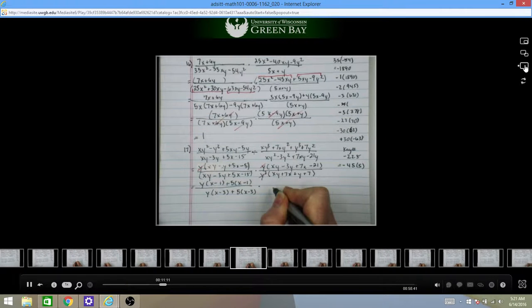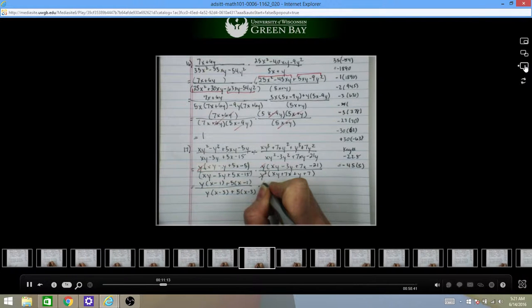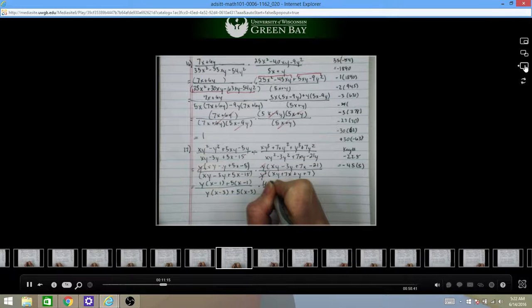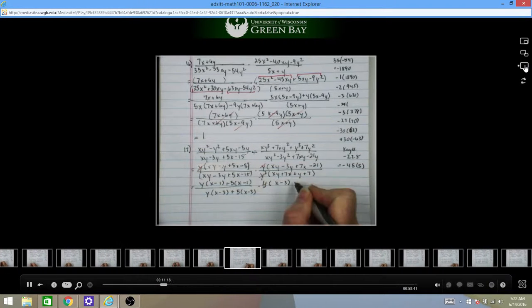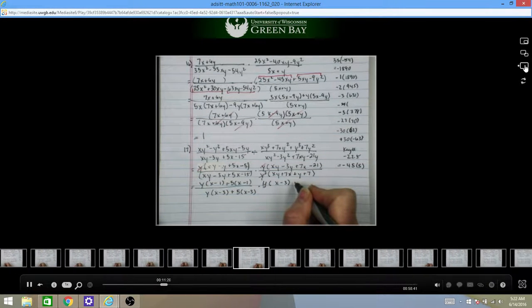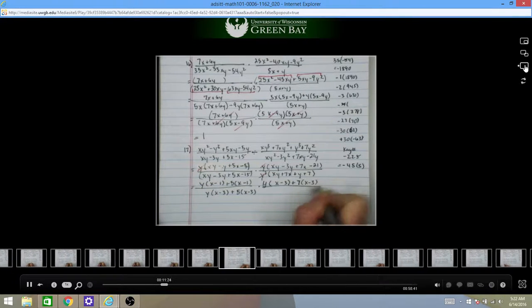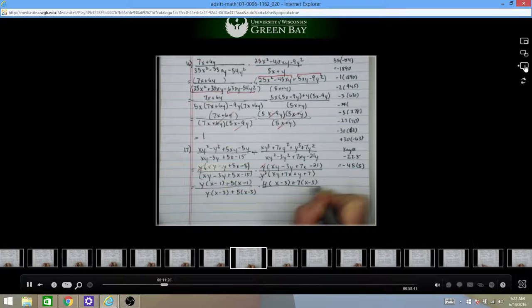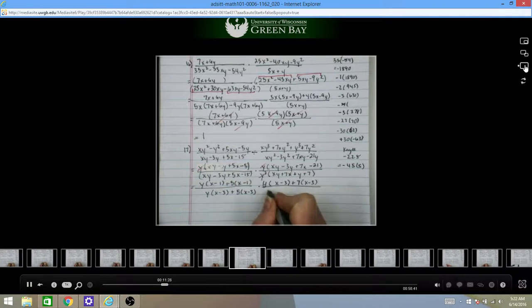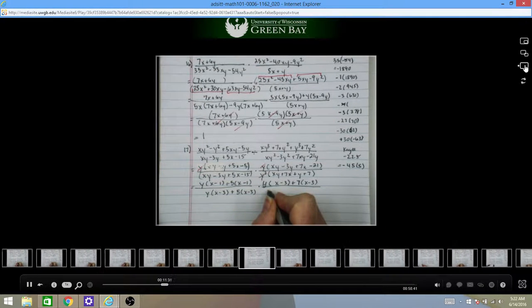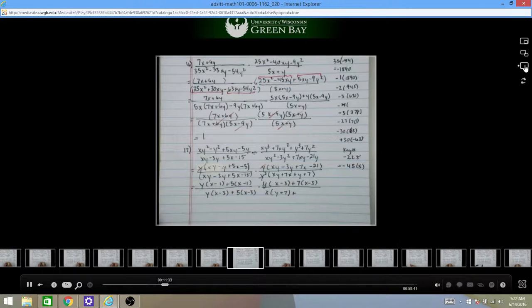The second numerator, the greatest common factor is y on the first two terms, and on the second two terms, it's 7. In the denominator, first two terms, we can factor off x. And then the second two terms, you can't factor anything off, so you can put a 1 in parentheses, y plus 7.